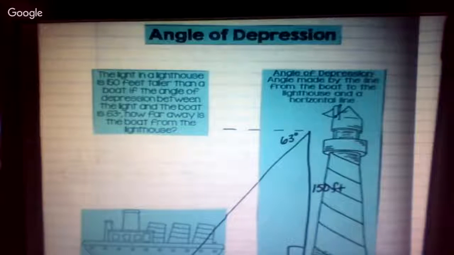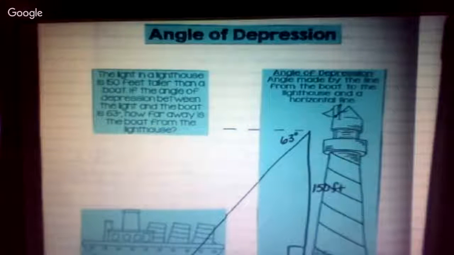I have parallel lines, the ceiling and the ground. Your ceiling and your ground. So if this is 63 degrees, this is also 63 degrees. Why? What type of angles are these?